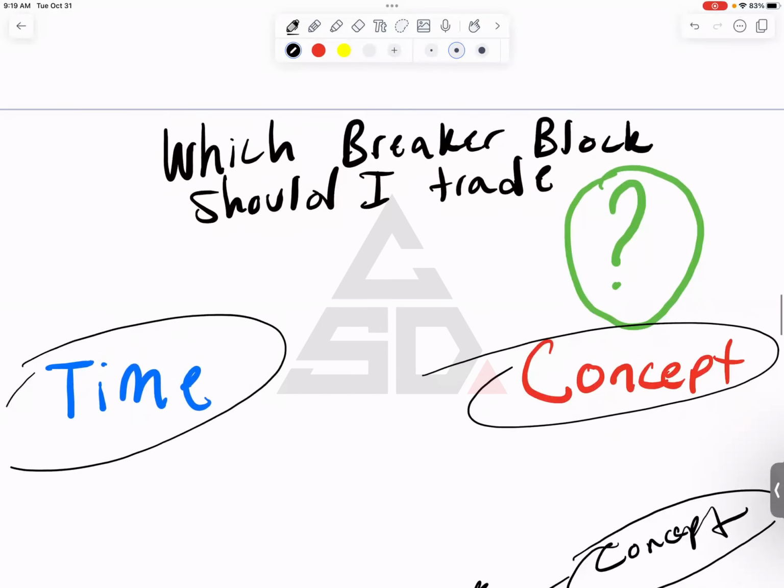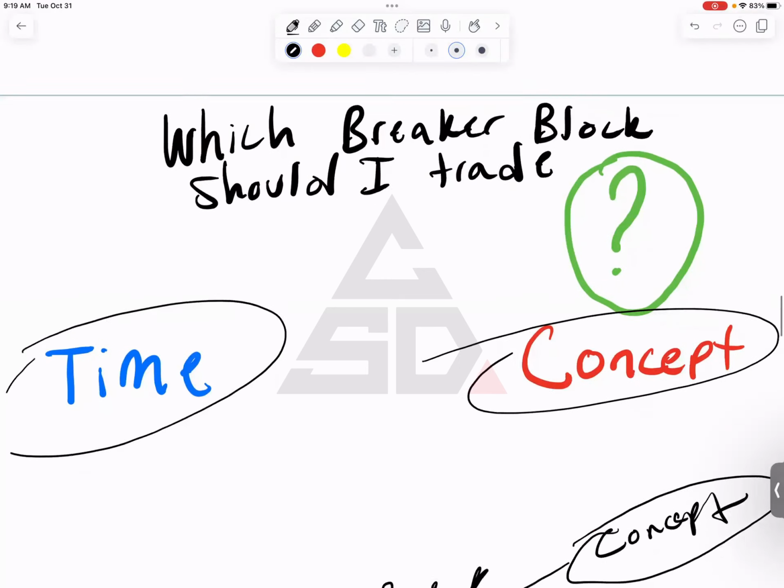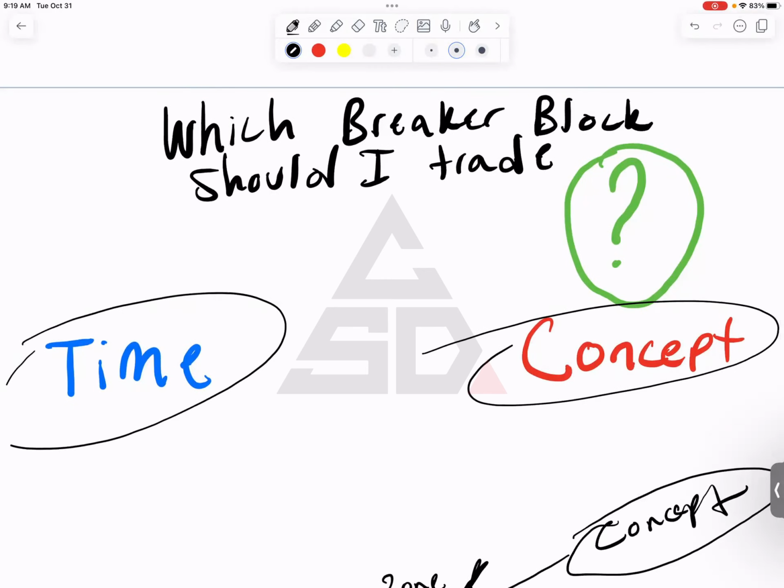And then also concept, meaning every breaker has a different identity. Think of breakers as human beings. We all have the mental understanding of what we are, but we all have our own identity. Not one person on earth is the same. So think of breakers the same way. Sometimes you're going to run across breakers that do not close the fair value gap.